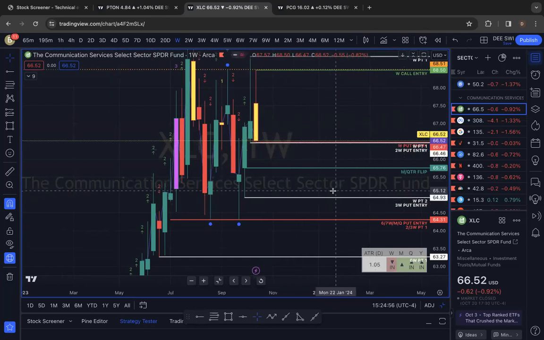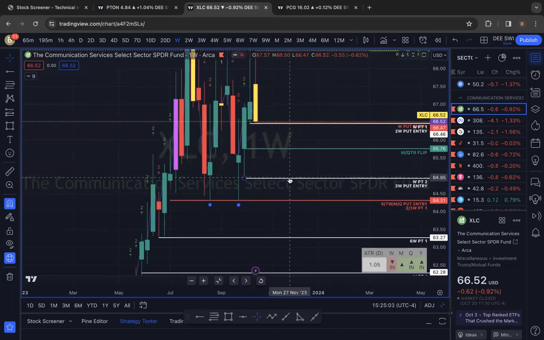That also flips full time frame continuity to the downside minus the year. If we hit this price target, that also triggers the 3-week put entry. The 3-week price target triggers the 6-week, the 7-week, the month, and the quarter.